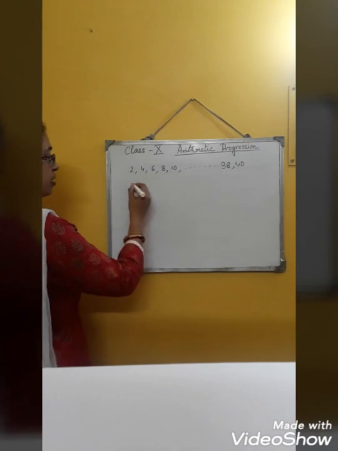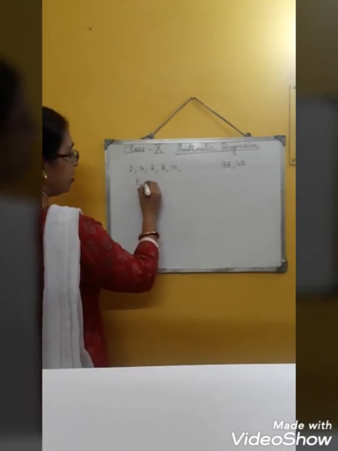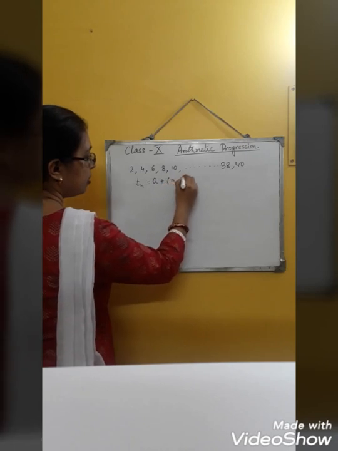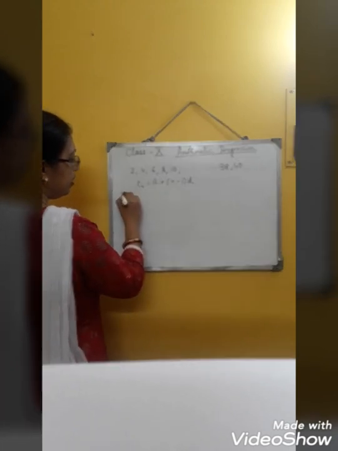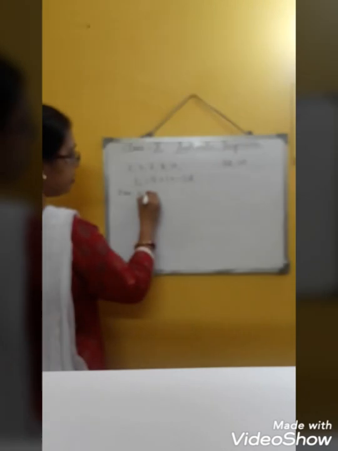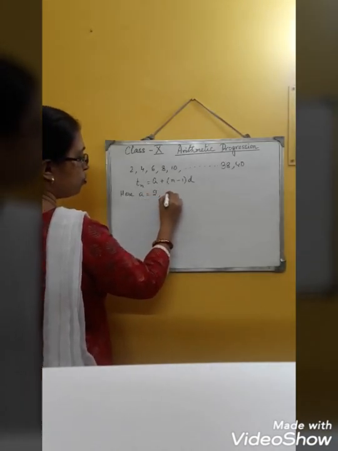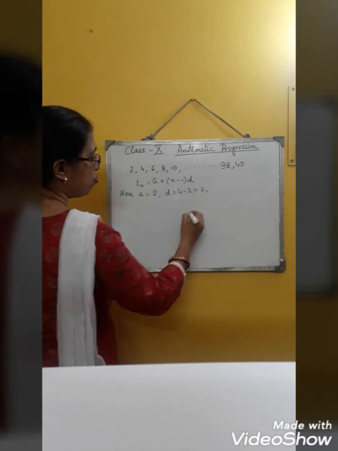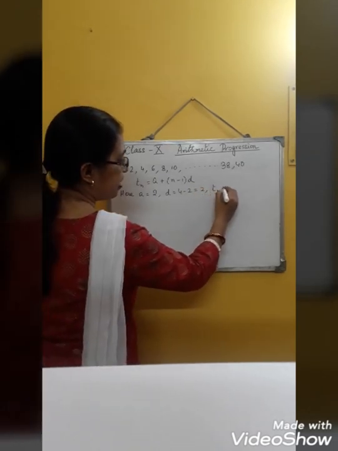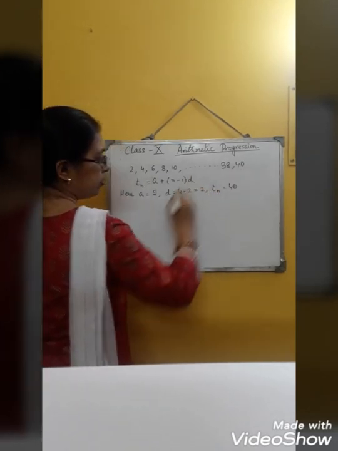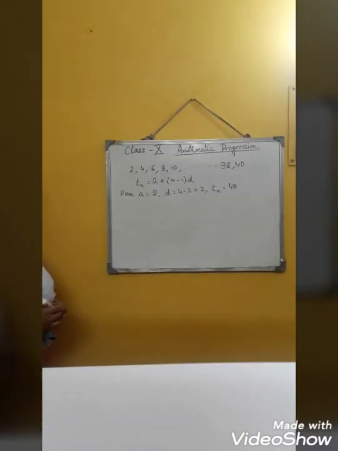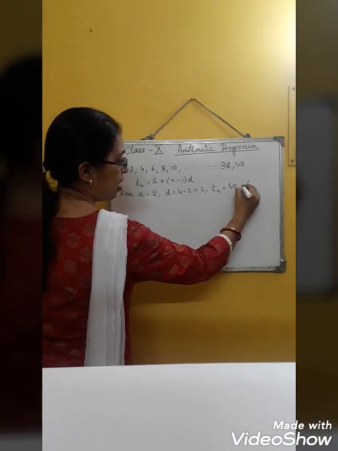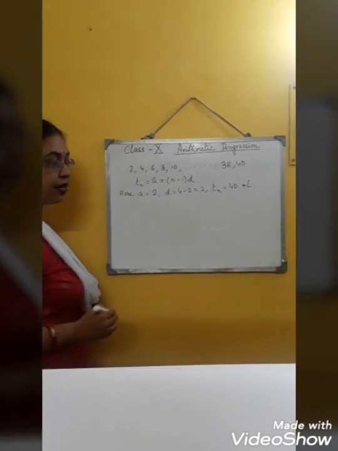You can see, here a is equal to 2, d is equal to 4 minus 2, that is 2, and Tn, that is 40, the last term that is given, is also denoted as l.